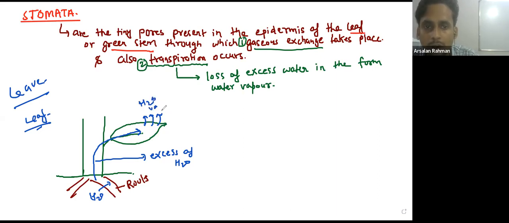This process is called what? Transpiration. The water will enter into the root and move into the plant. If there is lots of water present, the plant will remove the excess water in the form of water vapor. This process is called transpiration, and this water will be removed from the pores present in the leaf. These pores are basically called stomata.